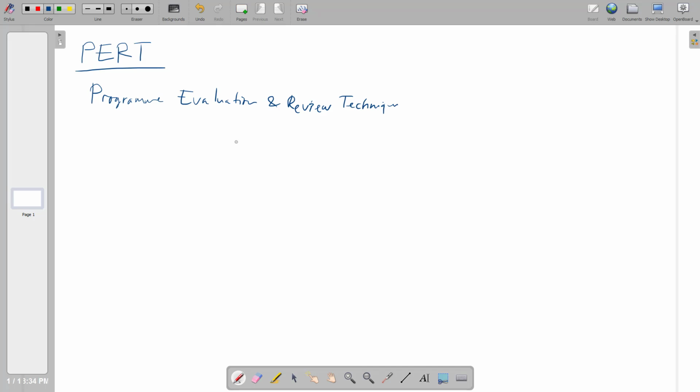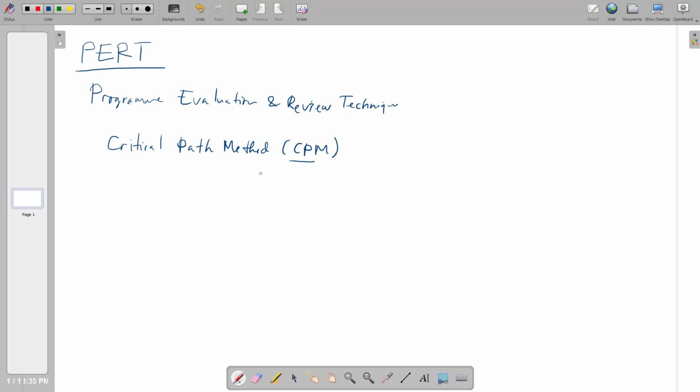Technically, it's the same kind of tool as the one you learned previously. Before this, you learned about the critical path method, finding the critical path, and this is quite a similar concept to CPM.